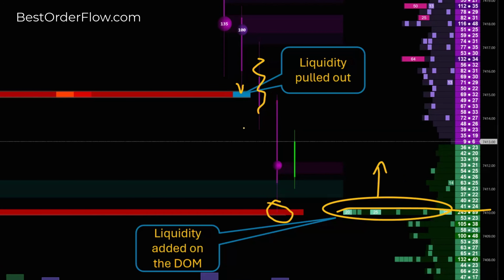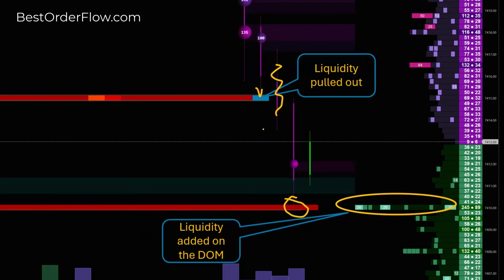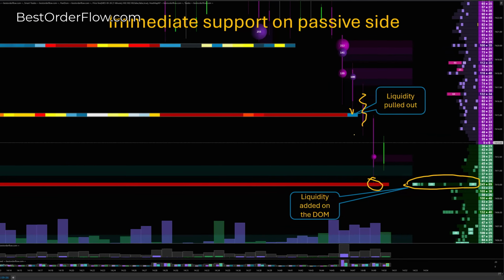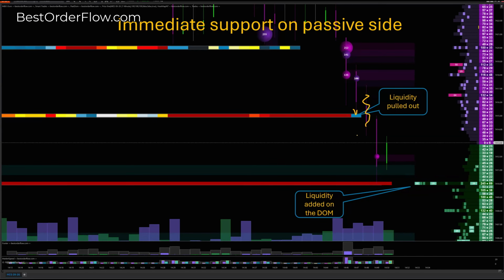So the answer is that most people believe only the aggressive side of the market is responsible for the price moving. It is only because these people have never seen how the pooling and stacking works and how delta 1 is united with delta 2.